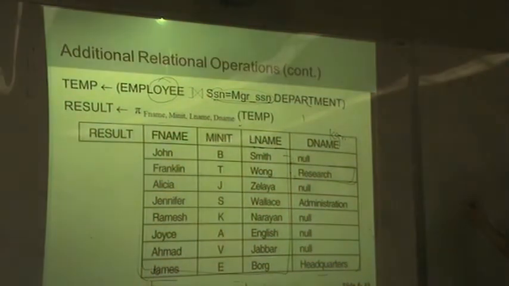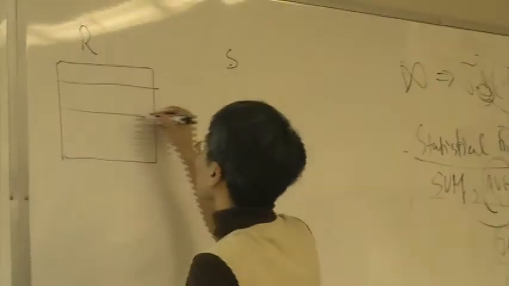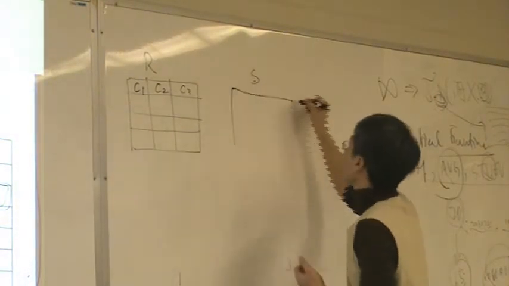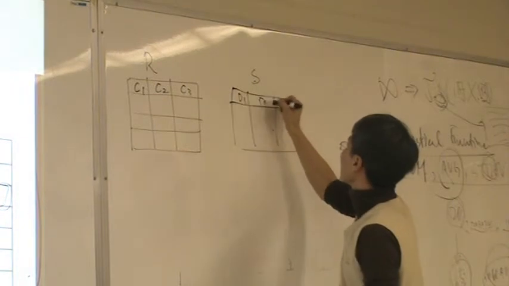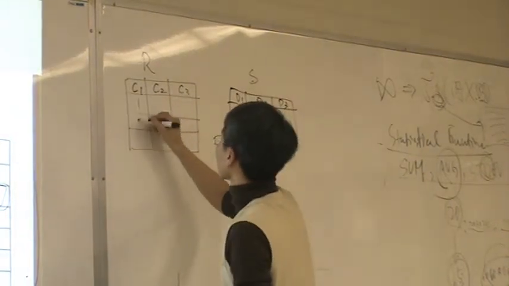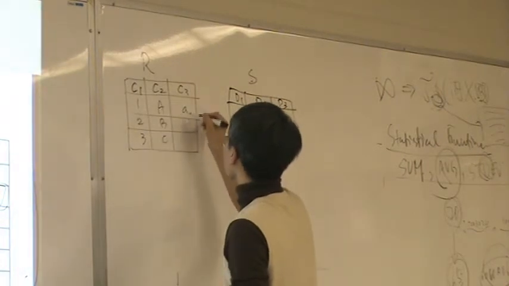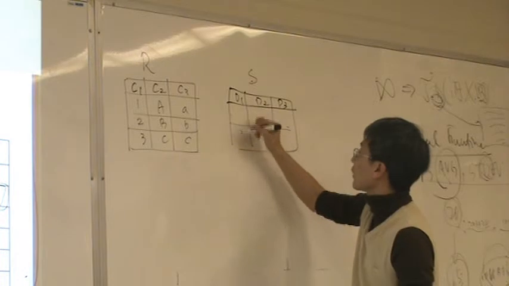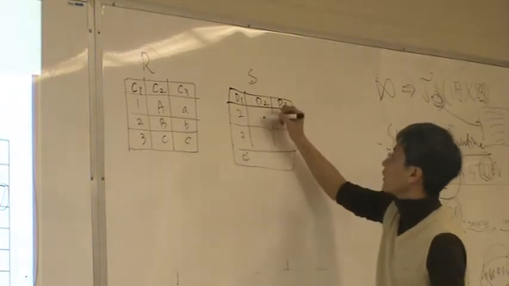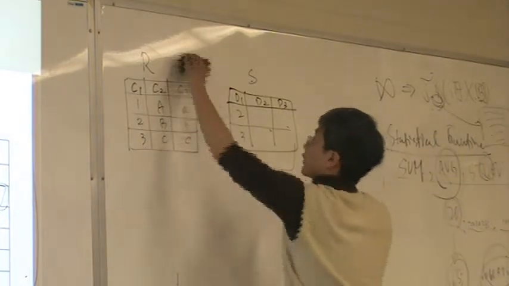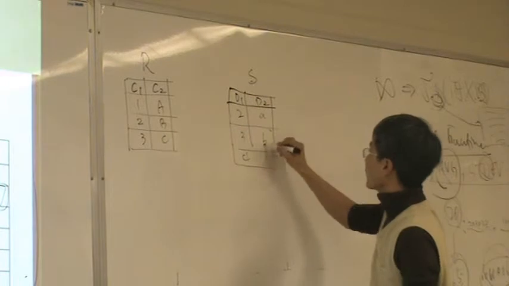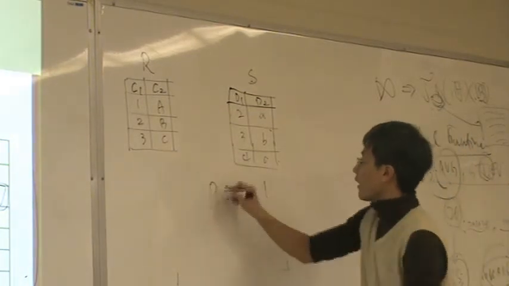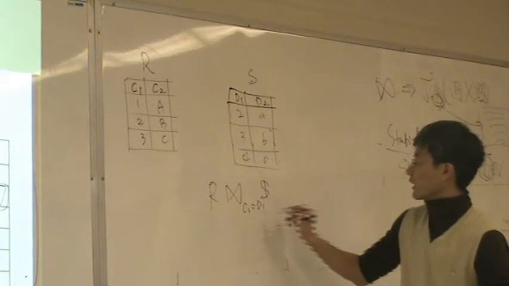We have two relations, R and S. R has columns C1, C2: 1, 2, 3 and A, B, C. S has columns D1, D2: 2, 3, 4 and A, B, C. So we join R and S with a join condition C1 equals D1.